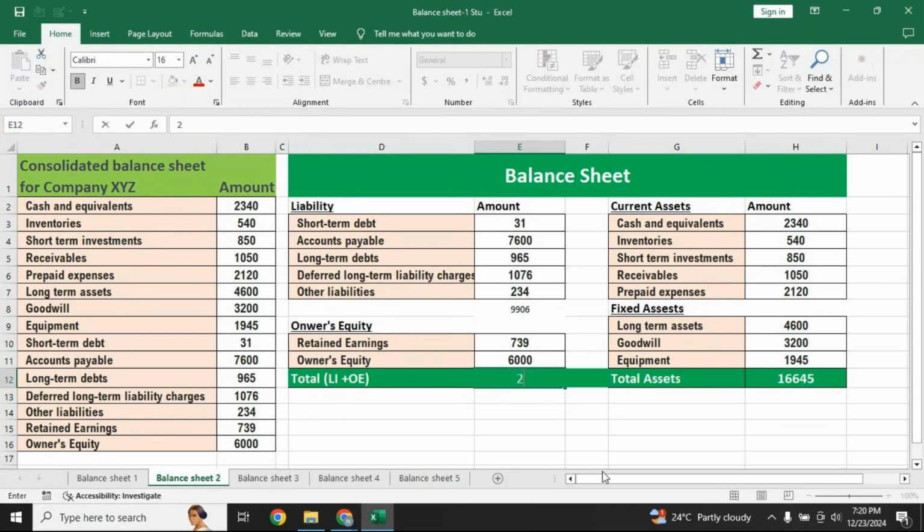I have totaled the liabilities plus the sum of retained earnings and owner's equity. Clear?